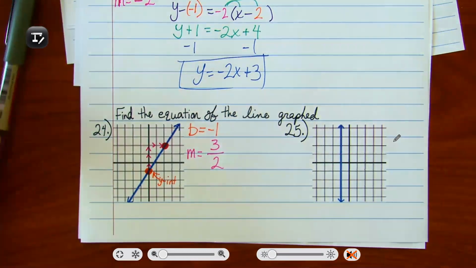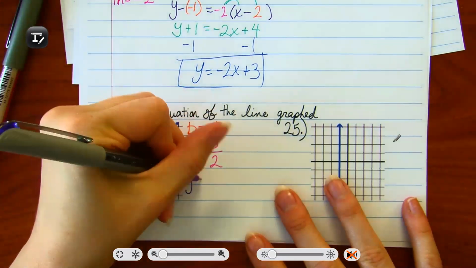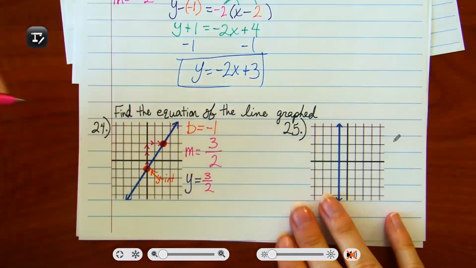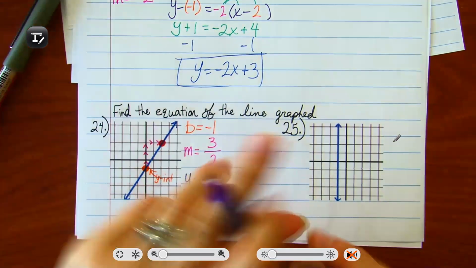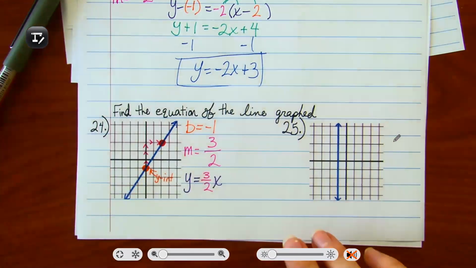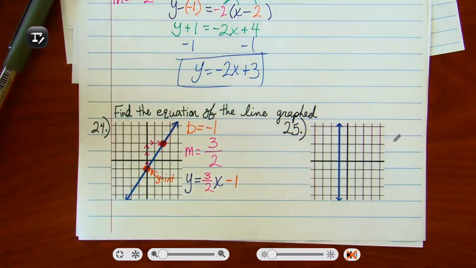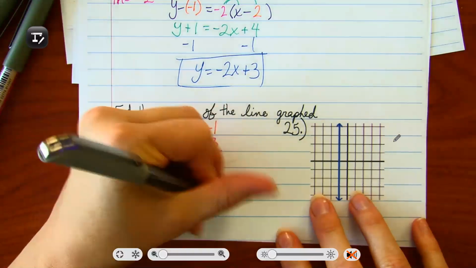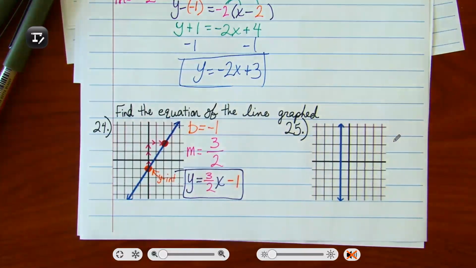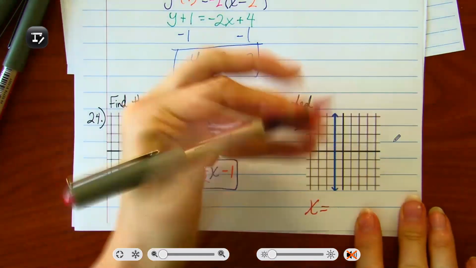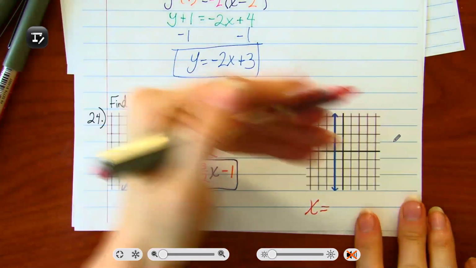So then all I have to do is just plug that into my slope-intercept form: 3/2 x minus 1. Number 25, that's a vertical line, which means that the equation is going to be x equals a number. And in this case, that number is -1.